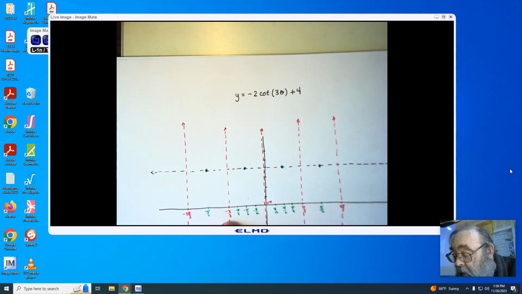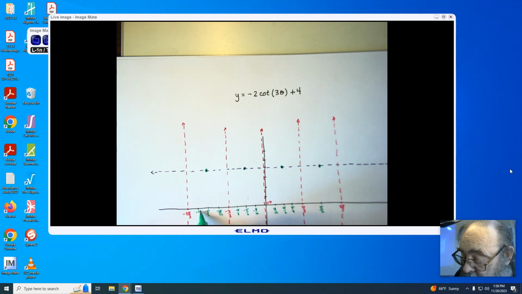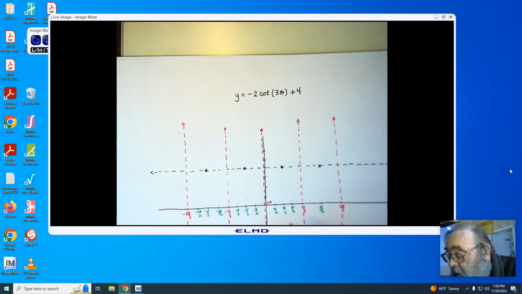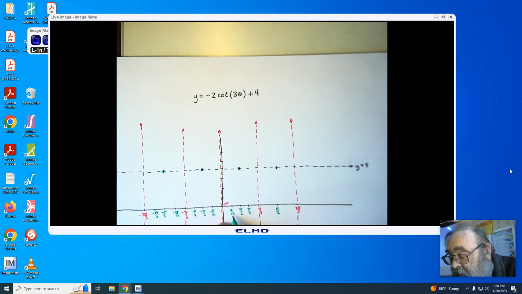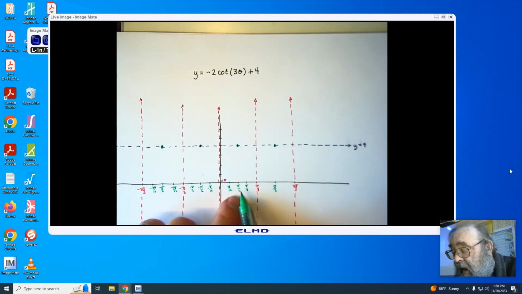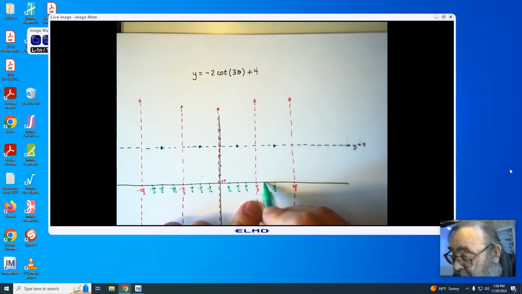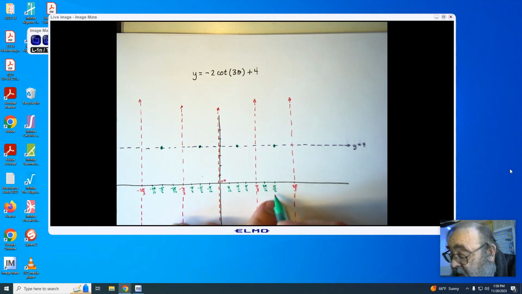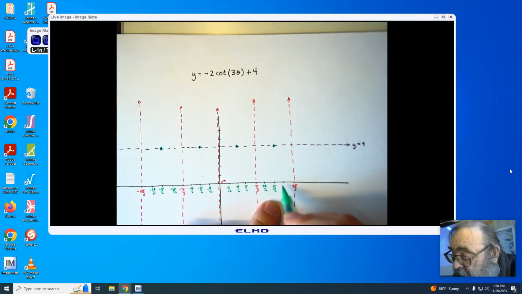Then you have 4 pi over 12, giving me 5 pi over 12. This is 6 pi over 12 to give me 7 pi over 12. Working on the other side, if this is negative 1 pi over 12, right here, I have 2 pi over 12, 3 pi over 12, 4 pi over 12, 5 pi over 12, 6 pi over 12, 7 pi over 12.